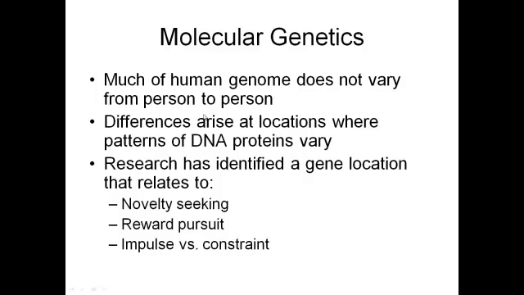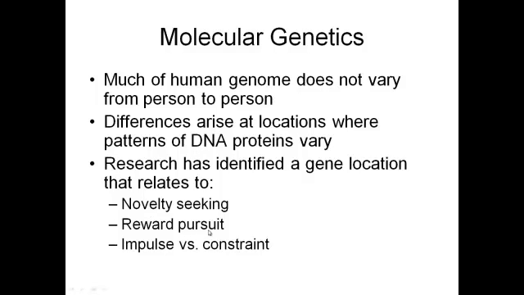Molecular genetics has been used to look for susceptibility to different kinds of diseases like breast cancer, but there's also been research done to look for specific areas that may be related to personality, such as novelty seeking or pursuit of rewards.